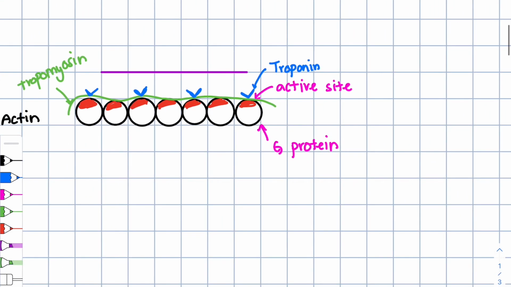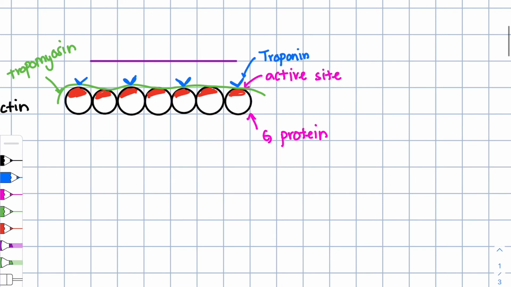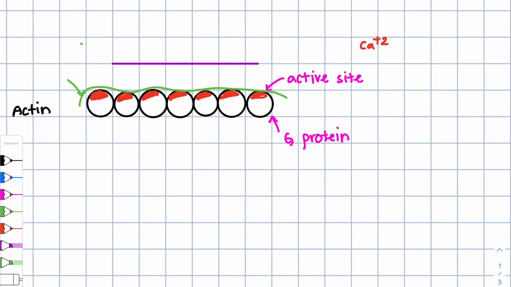Now, when a contraction occurs, you need the presence of the calcium ion, which is going to come here and bind with the troponin, okay? After calcium binds with the troponin, the troponin is going to cause the tropomyosin to move away.